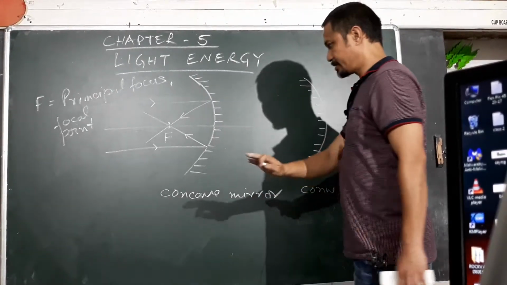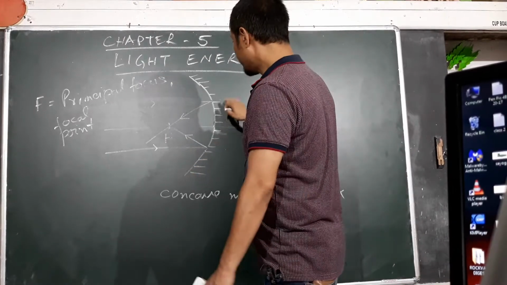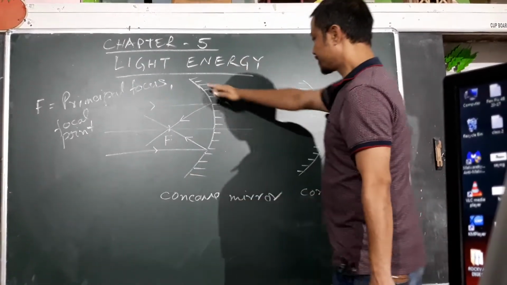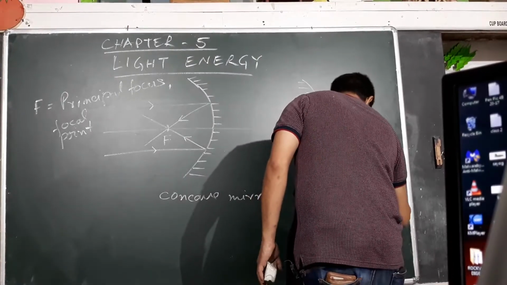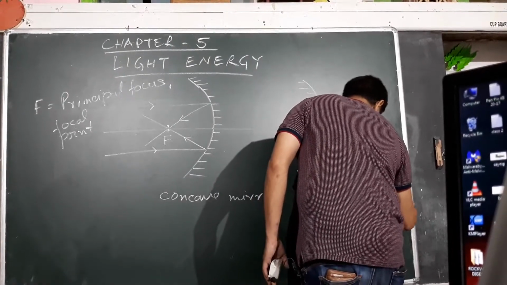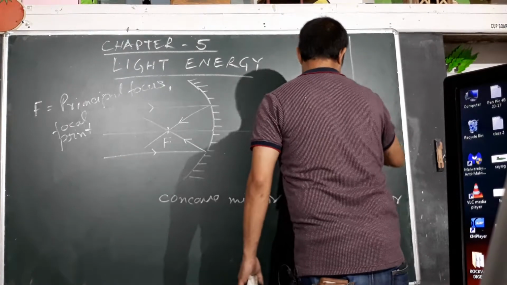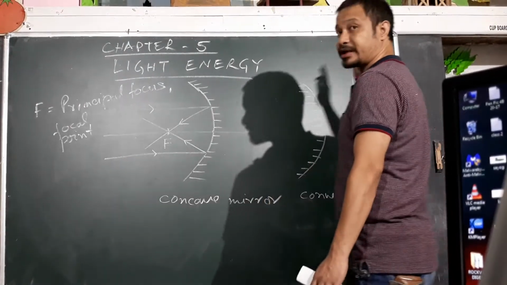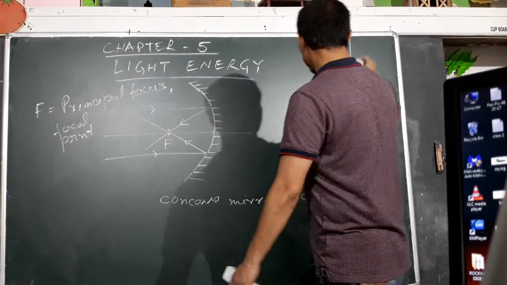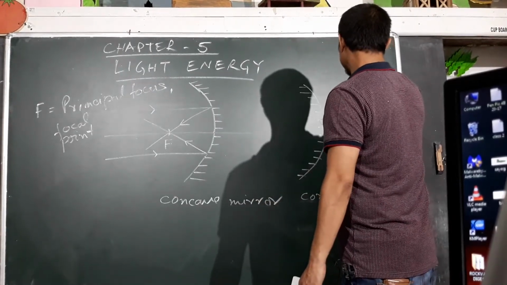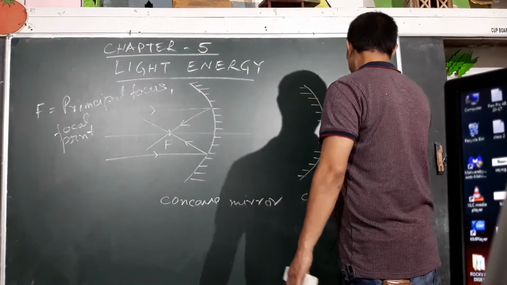Basically, I'm going to tell you one more thing. Whenever you're making mirrors, whether it's a concave mirror, a convex mirror, or a normal mirror, like the plane mirror we use on an everyday basis, when you draw, it doesn't matter whether you draw up or down.